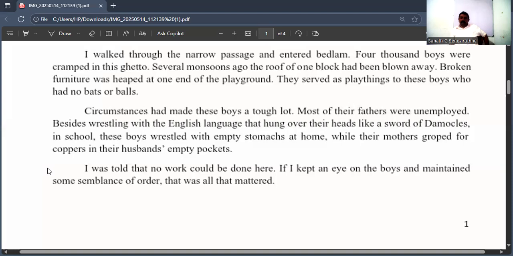Next we find the writer describing the background issues of these boys, and one is poverty.